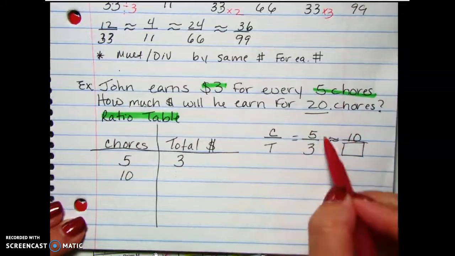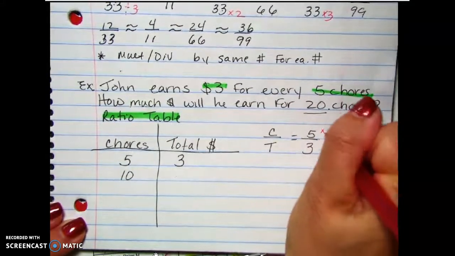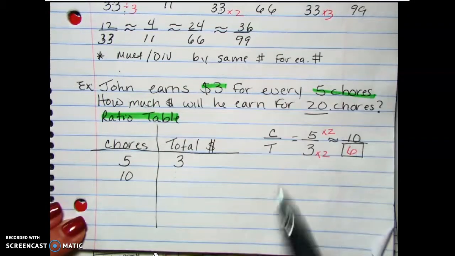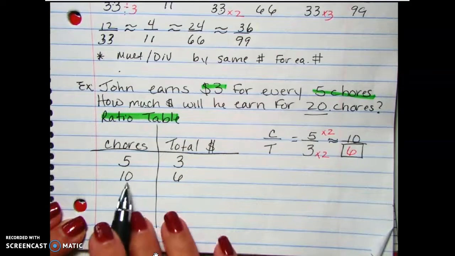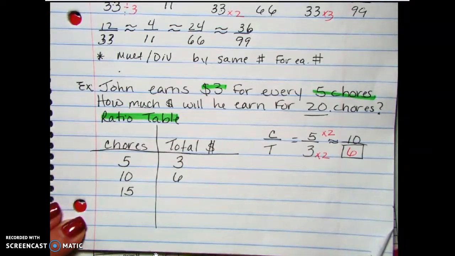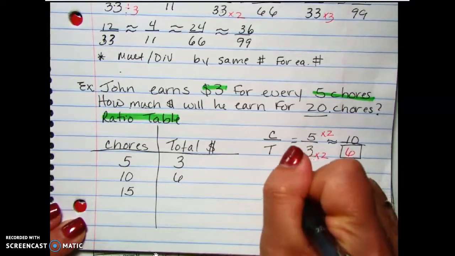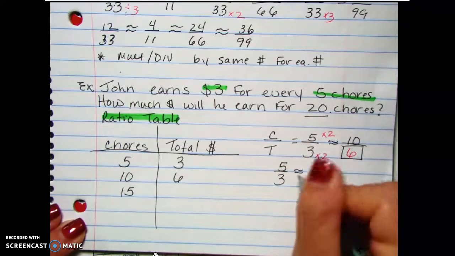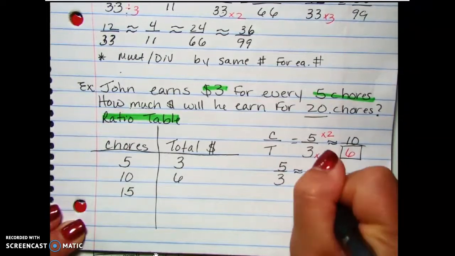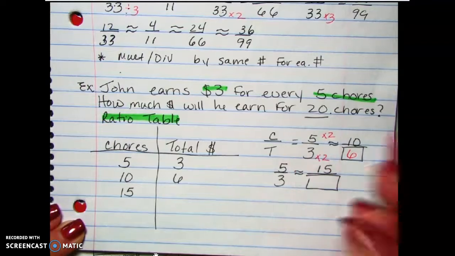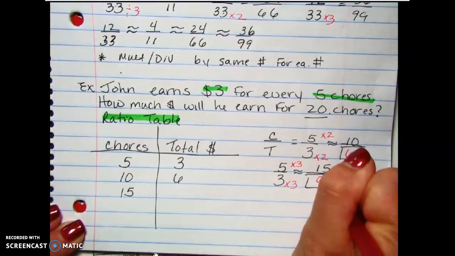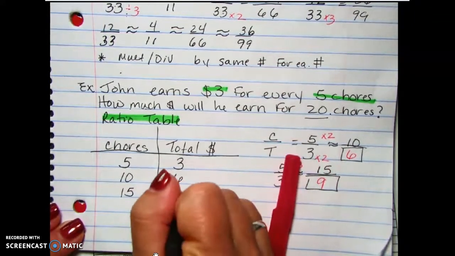Well, what do I have to do to 5 to get 10? Multiply by 2. So for here, I would multiply by 2, and I would end up with $6. Okay, well, let me add on another 5, and I have 15. So again, I'm going to take my ratio of 5 to 3 and find an equivalent ratio, but the 15 to what number? Well, what did I have to do to 5 to get 15? Multiply by 3. So I do the same with the bottom, and I end up with $9.